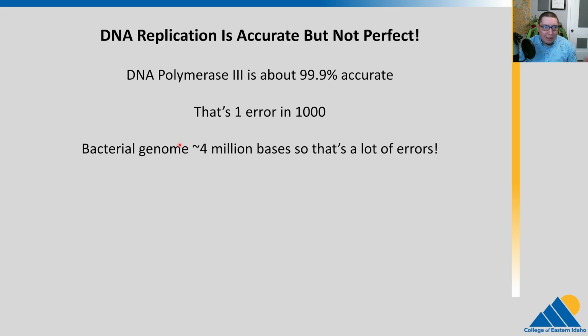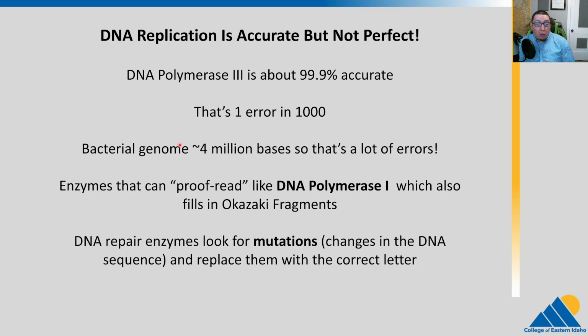So how do we replicate the DNA accurately? Well, polymerase 3 is pretty good, but we have to have some other systems to help with this. Those include DNA polymerase 1, which is an enzyme that can proofread the DNA. We'll also see that it plays an important role in filling in the Okazaki fragments in a moment. Additionally, there are DNA repair enzymes that come in and look for mutations that have occurred and fix those problems that have occurred.